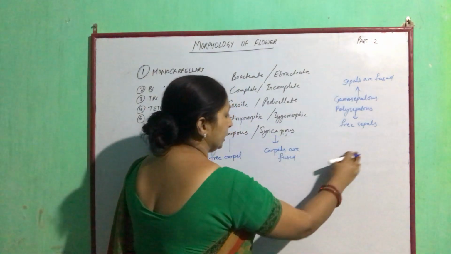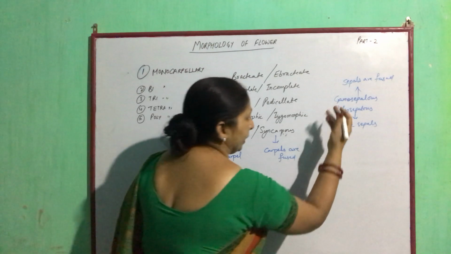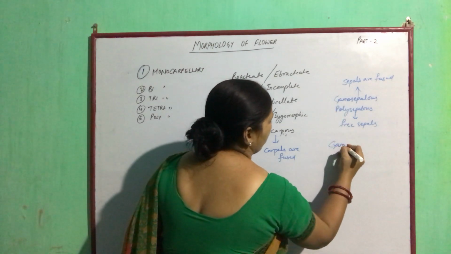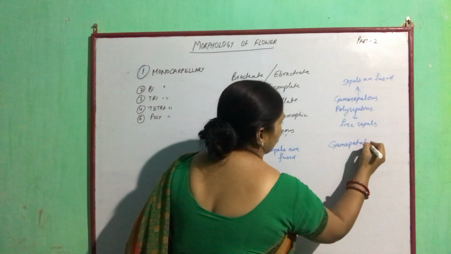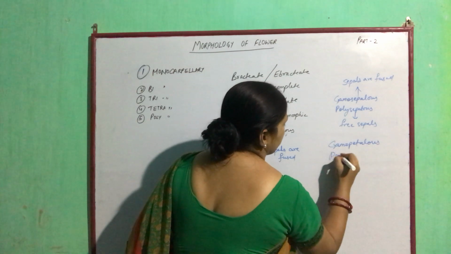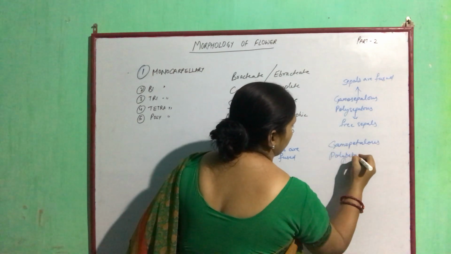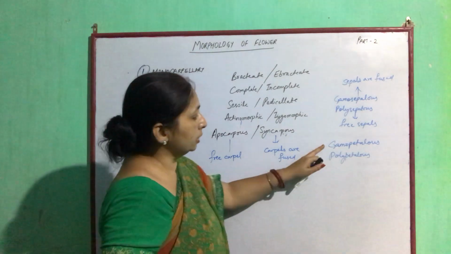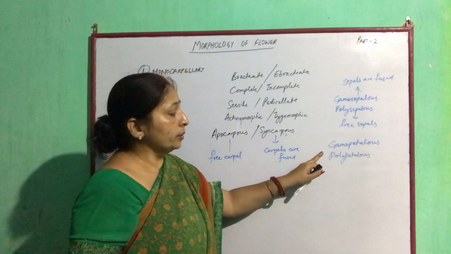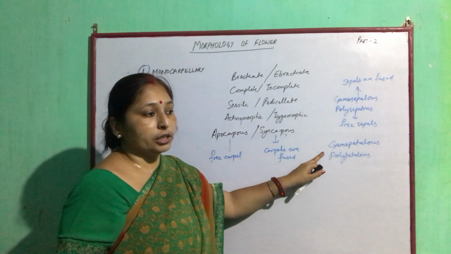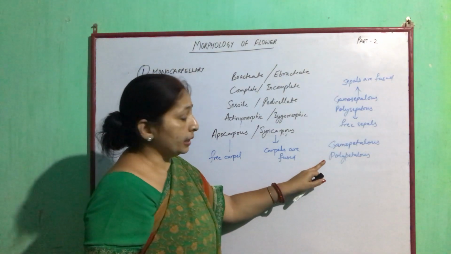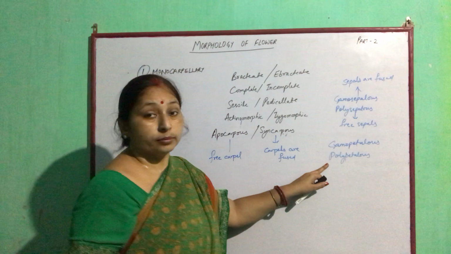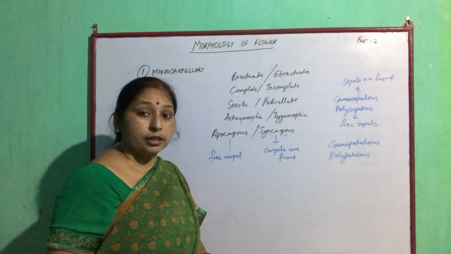Then next, for the petals also the same, gamopetalous and polypetalous terms are used. If the petals are fused together, then the condition is gamopetalous. If the petals are free, then the condition is polypetalous.